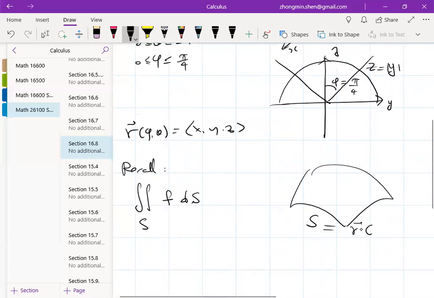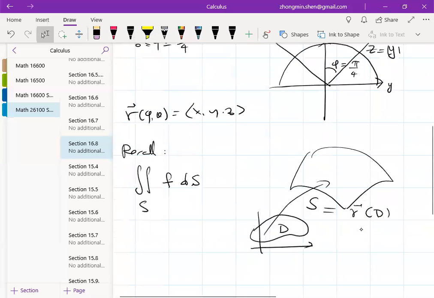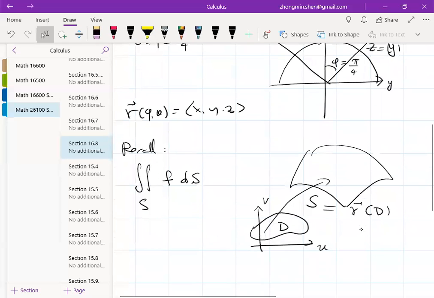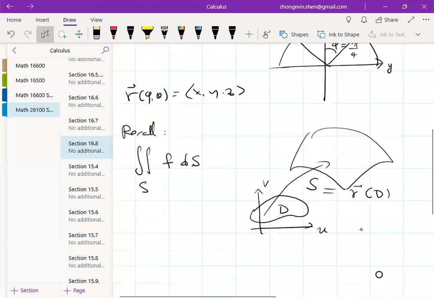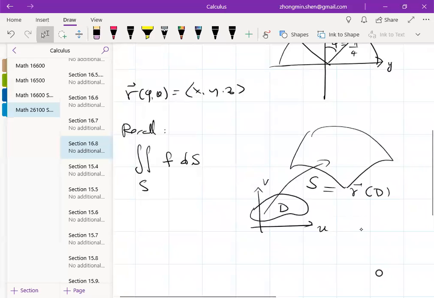Suppose this surface is the image of some domain D. Then you can pull back the integral on the surface to the integral on this domain. For example, this could depend on u, v. We usually use a uv coordinate system. We are familiar with integrals over a domain in the two-dimensional plane.